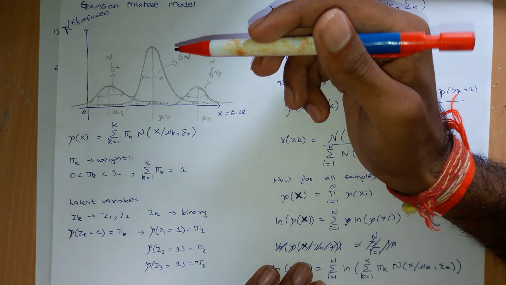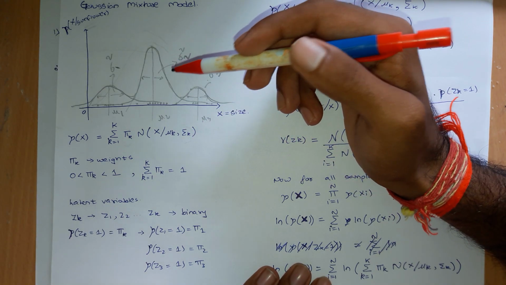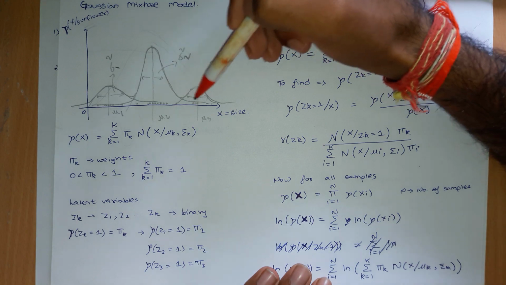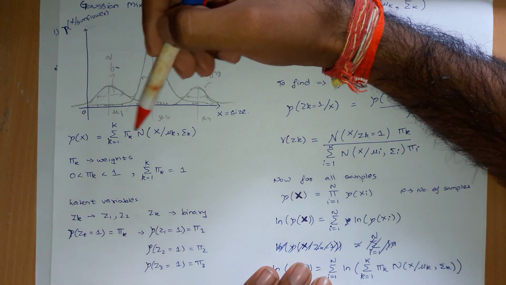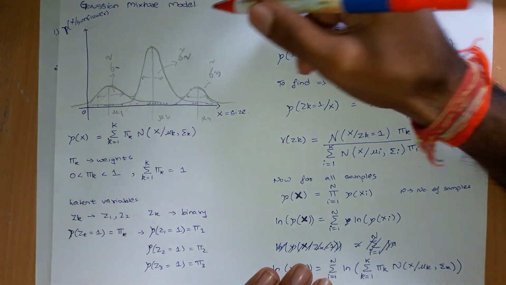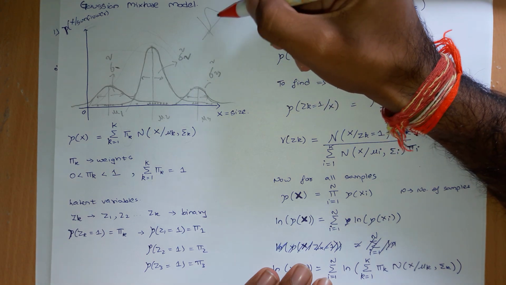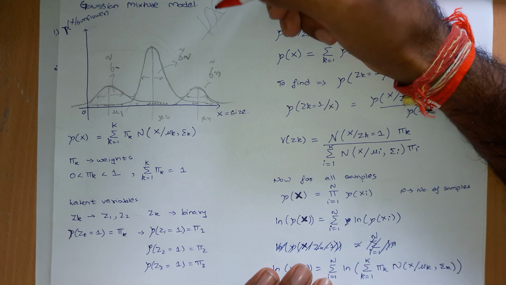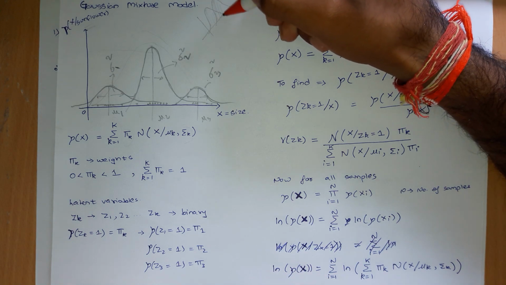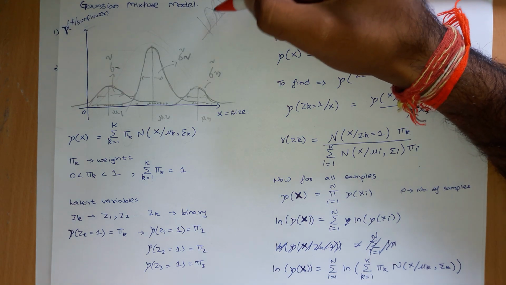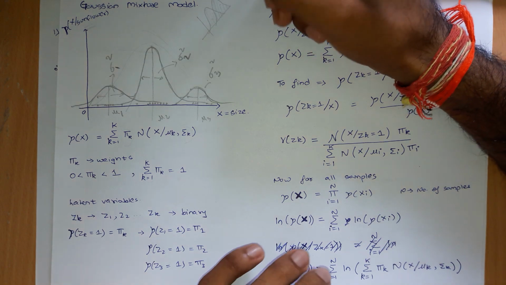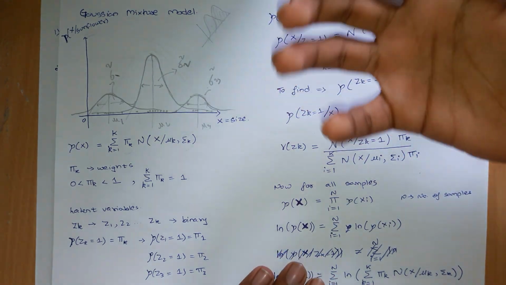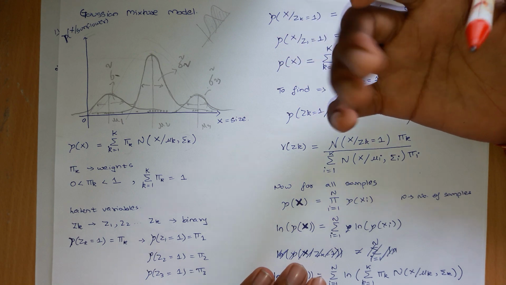Also please remember that the area under a PDF should be 1. So even if I am adding these Gaussians, I cannot add them directly, because a Gaussian has an area 1, and when I add it to another Gaussian, which also has an area 1, the area becomes 2, which is wrong. A PDF cannot have area greater than 1, right?